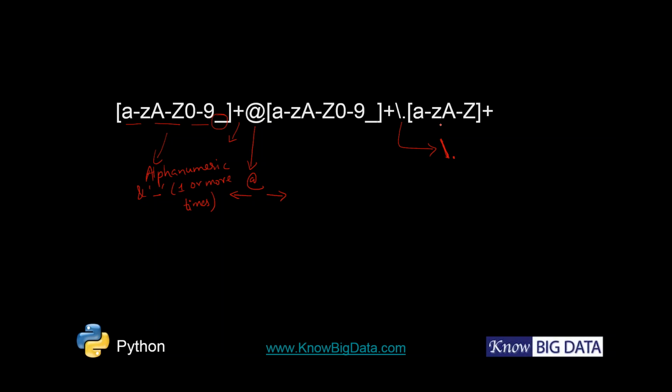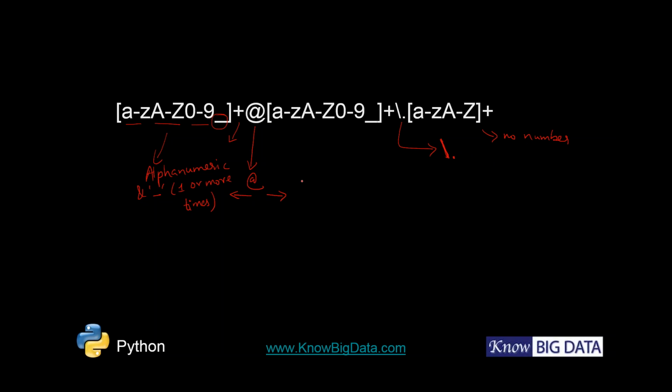Followed by, following the dot, I cannot have any number. As I said, that's my email validator. You can write your own based on your validation points.